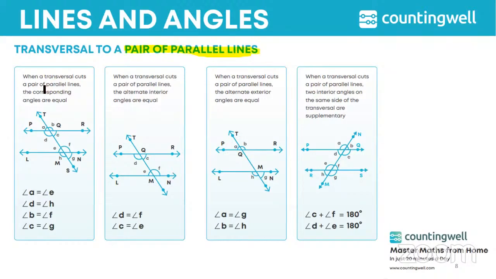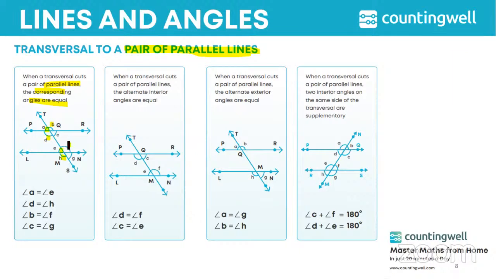When a transversal cuts a pair of parallel lines, the corresponding angles are equal. So what are the corresponding angles? They have different vertices, and one angle is an interior angle and the other angle is an exterior one. So you can see angle A and angle E are corresponding. Angle D and angle H are corresponding angles.